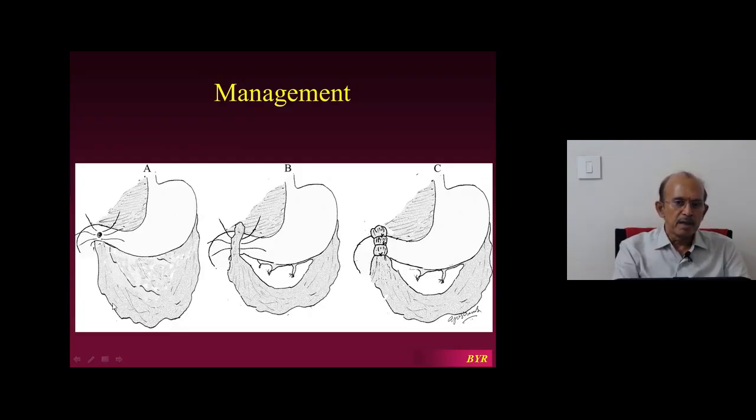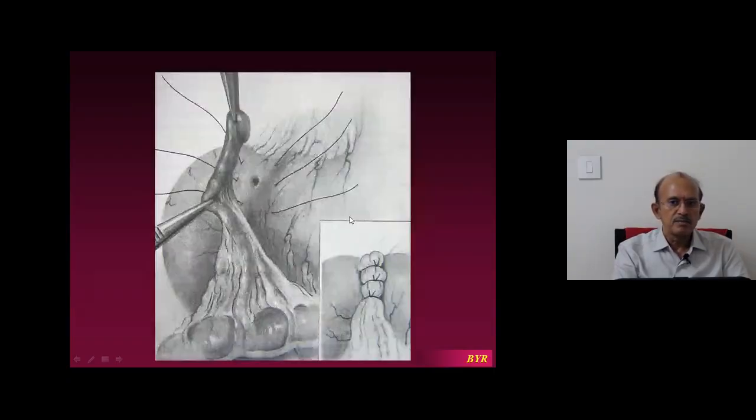So you take the omentum, keep it over the perforation like this, and then tie the sutures over the omentum. Then there will not be any cutting through the tissues. This omentum acts as a plug over the perforation. So you keep the omentum like this and then you close the perforation.